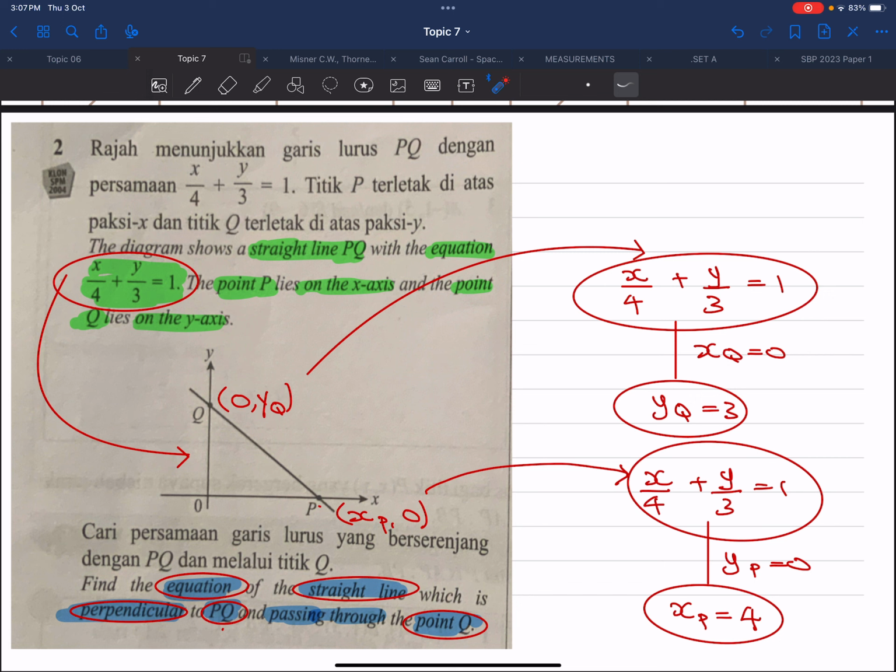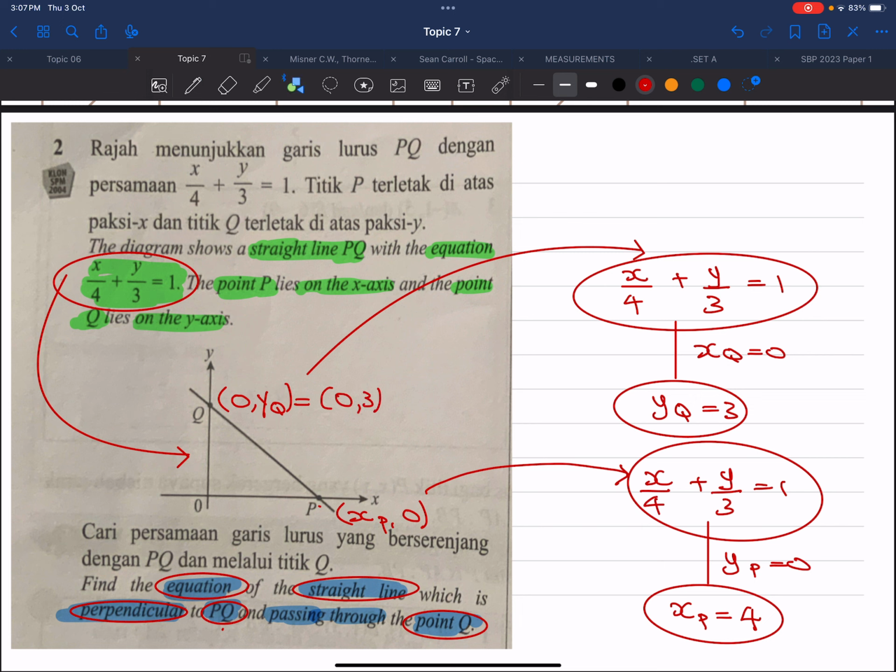If x is 0, the whole fraction is 0. Then I take the 3 to the other side, times 3, and I get yq is 3. So our Q coordinate is (0, 3).